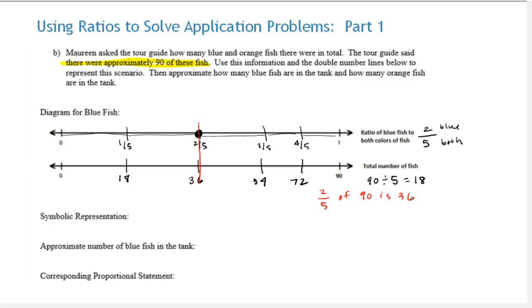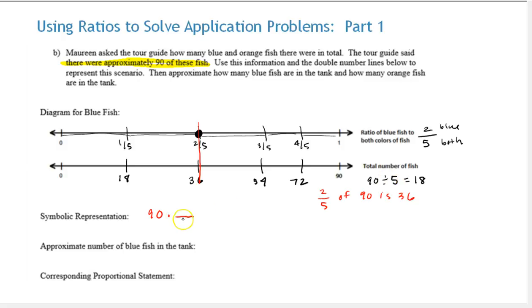Okay. So let's think about what we did so we could represent this symbolically. So we don't always, this helps us make sense of the idea, but we want to learn how to write this symbolically. So we took the 90, and we're going to multiply this by a fraction. We divided it by 5, so that's the cutting part.